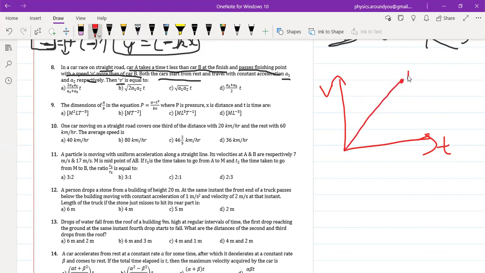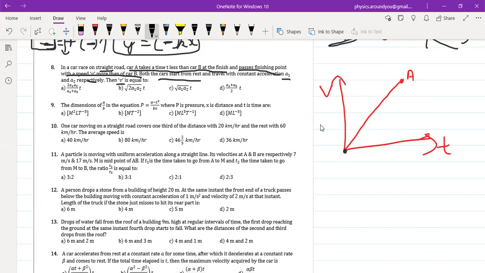Let this be the VT graph for A. It starts from rest and it goes till the finishing point. What would be the VT graph for B?